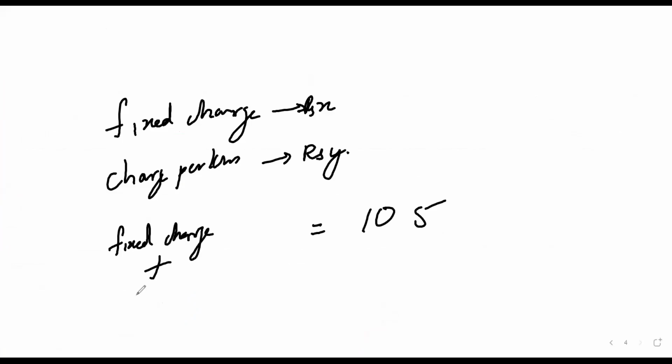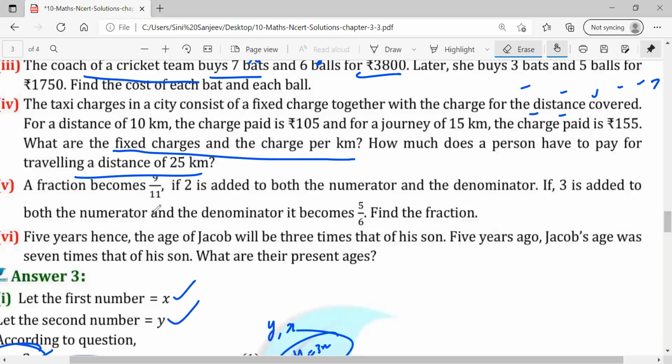And how many kilometers are they traveling in this? 10 kilometers. So what is the fixed charge for me? X plus 10y. Why 10y? Because this guy is traveling 10 kilometers. So this is equal to 105.